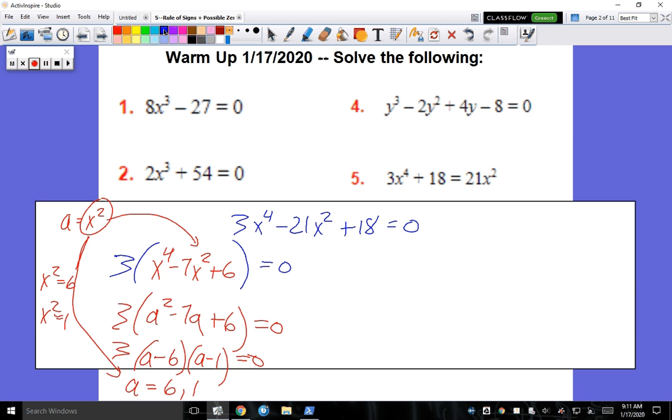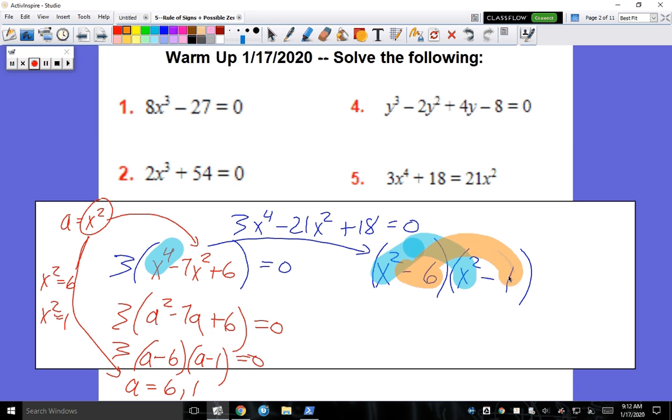I would probably, from here, just see, ooh, an x squared and an x squared can give me an x to the fourth. And then I would see this 6, and I'd say a 6 and a 1 that are both negative. I'll highlight it as I go. This x squared will give me this x to the fourth.